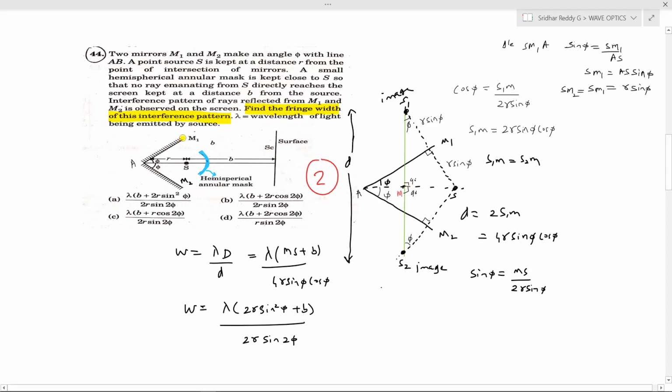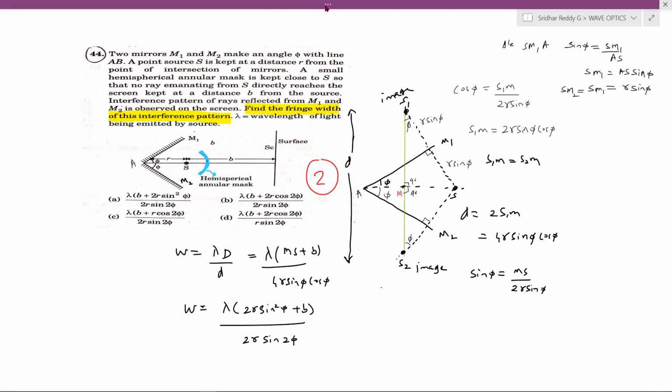If the mirrors are inclined like this, it becomes a little bit of mathematics. We calculate the distance between the images S1 and S2, and the distance of M from the screen, which will be capital D. Capital D should not be measured from the source to the screen. It is the distance from the vertical plane containing the slits to the screen.